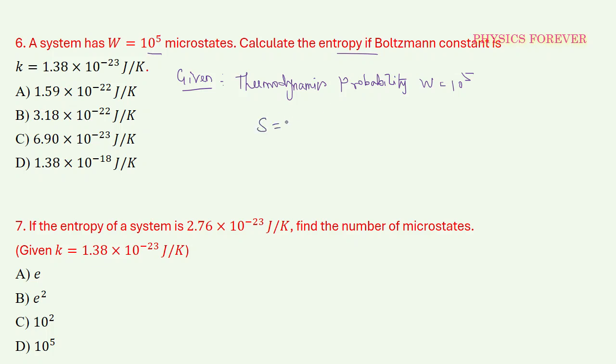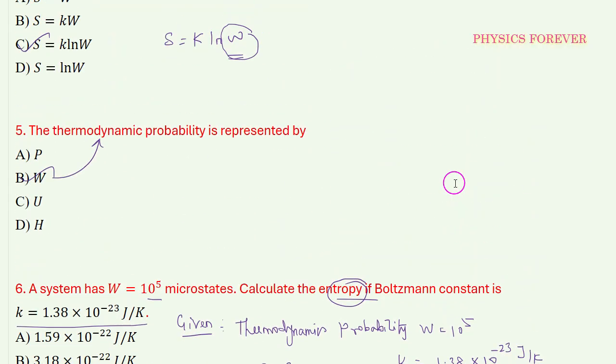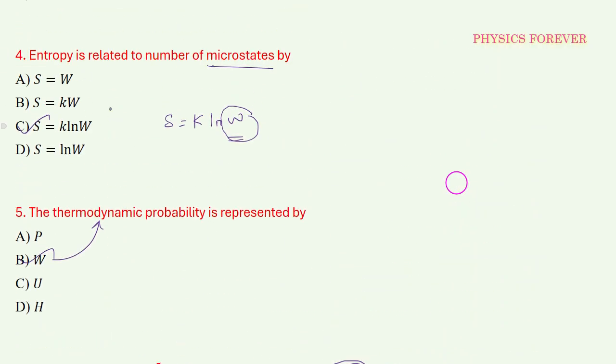S stands for entropy, and the Boltzmann constant is given. What is the value of the Boltzmann constant? K is equal to 1.38 into 10 power minus 23 joule per Kelvin. What is the formula for entropy? From the previous question, this is the formula for entropy.